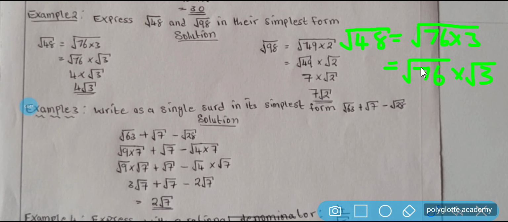So that we are going to have root 16, which is a perfect root. So we are going to have root 16, which is 4, times root 3.